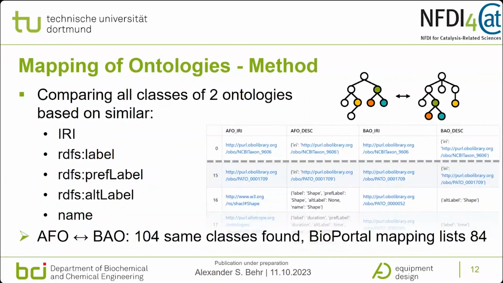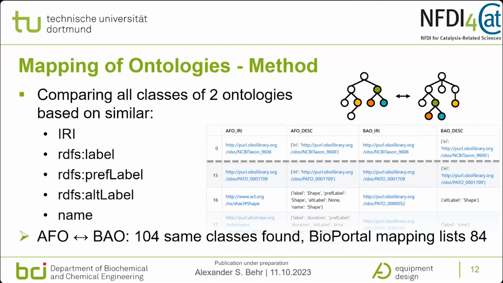With this, we were also able to do some kind of basic, preliminary mapping by comparing IRIs, labels, preferred labels, alt labels, and names of the ontology classes, using Owlready2, a Python package for loading ontologies.